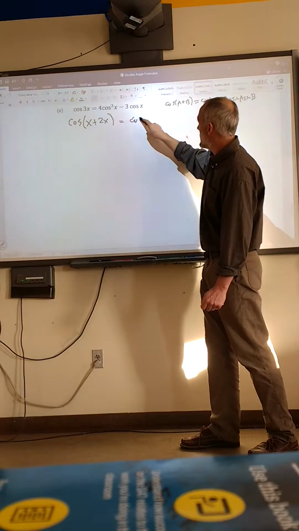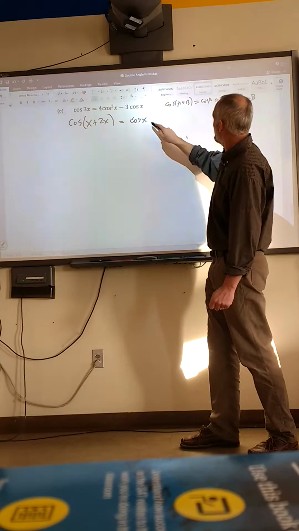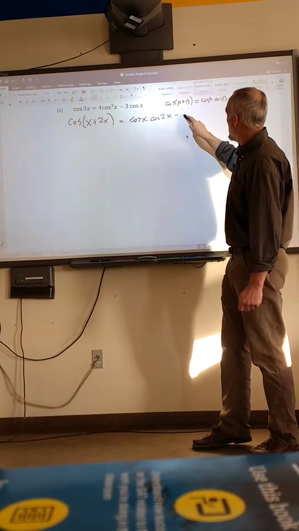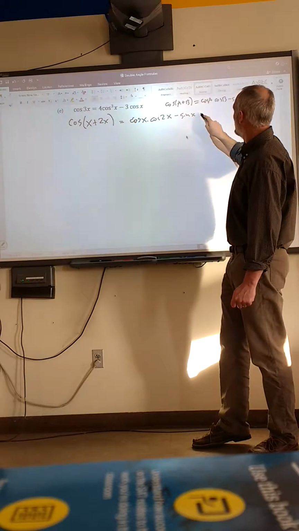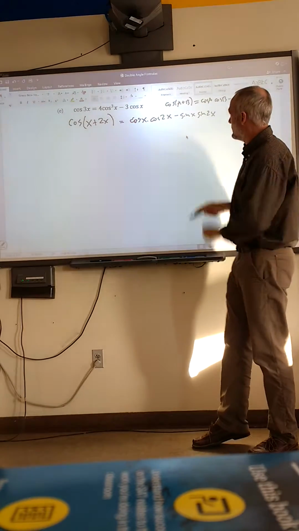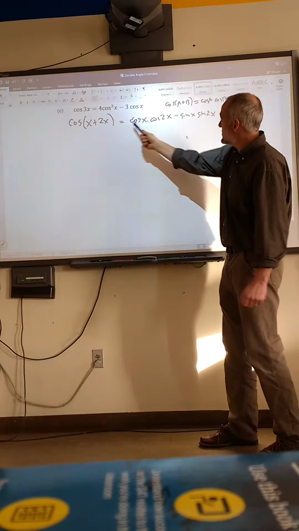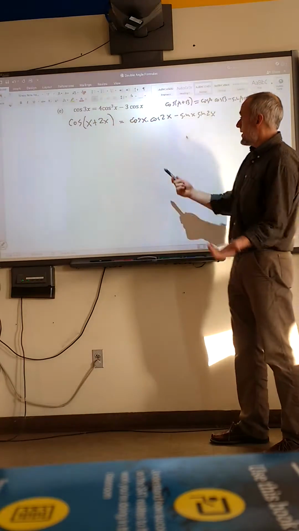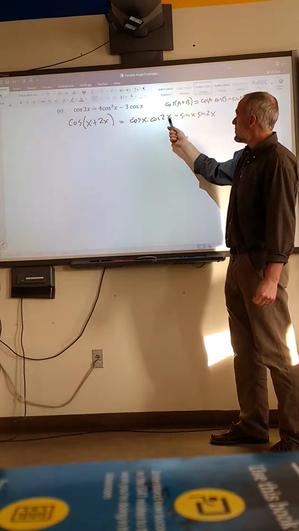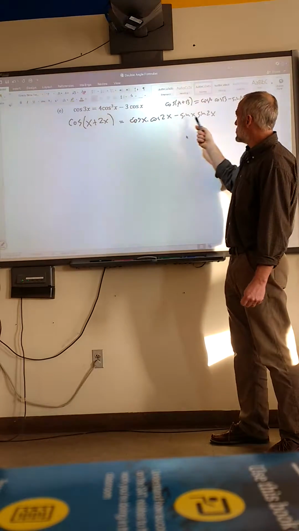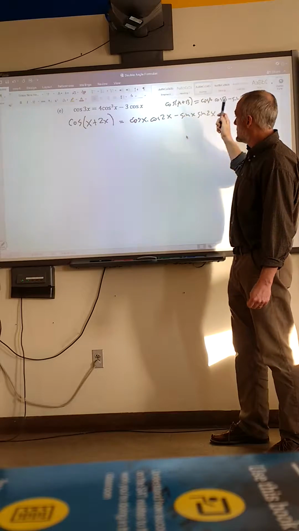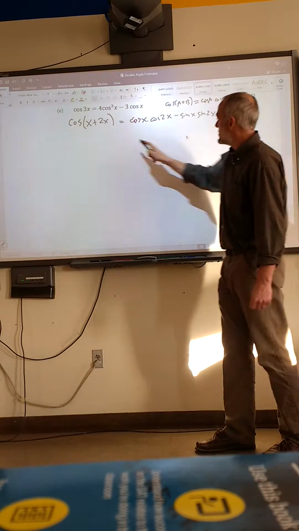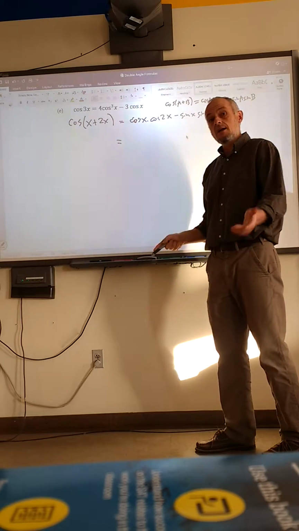So it's going to be cosine x times the cosine of 2x minus the sine of x times the sine of 2x. And my job is to somehow take this and turn it into this thing we have over here on the right. And I know that I'm going to somehow want to get rid of this cosine 2x and this sine 2x. So I'm going to start by plugging in for this sine 2x using the sine double angle formula.